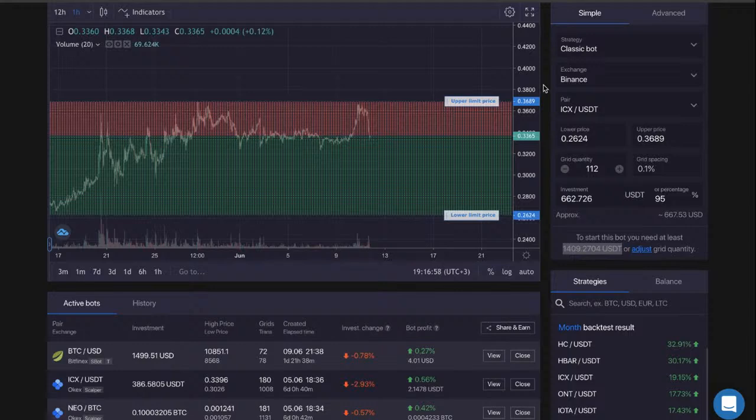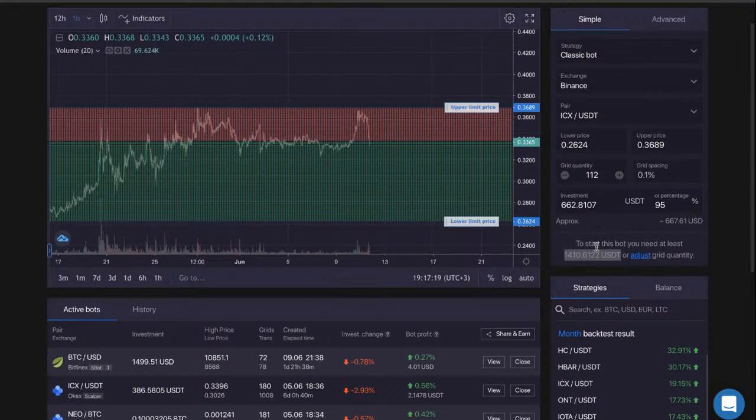So that's something that you always have to keep in mind when it comes to trading, because depending on the exchange, trading specifications vary significantly. So in Binance, it can be $10. On OKEx, it can be lower. So that depends on the exchange, all right? But here you see that in order to initiate that amount of grid levels, I must have 1,400 USDT.